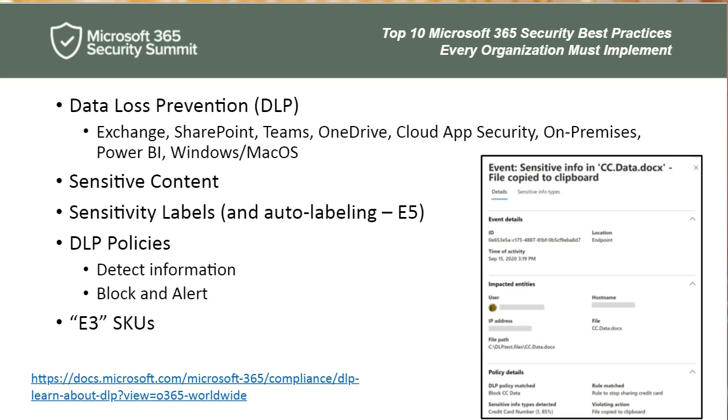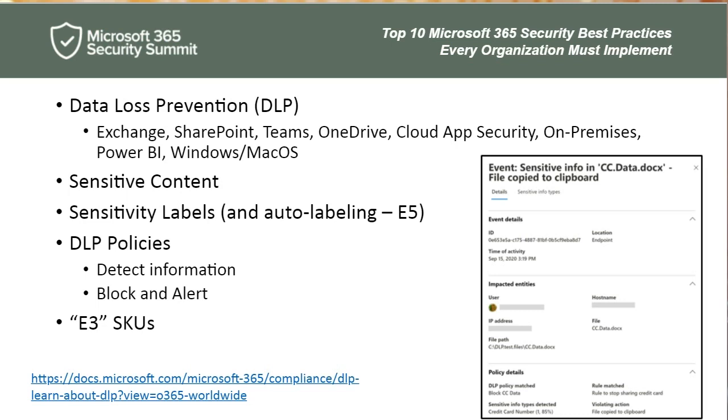So data loss prevention in Office 365 is even expanding beyond some of those PII, HIPAA, bank account, financial type detections, to looking for IT-based information, developer-based information that could actually prevent a security breach.